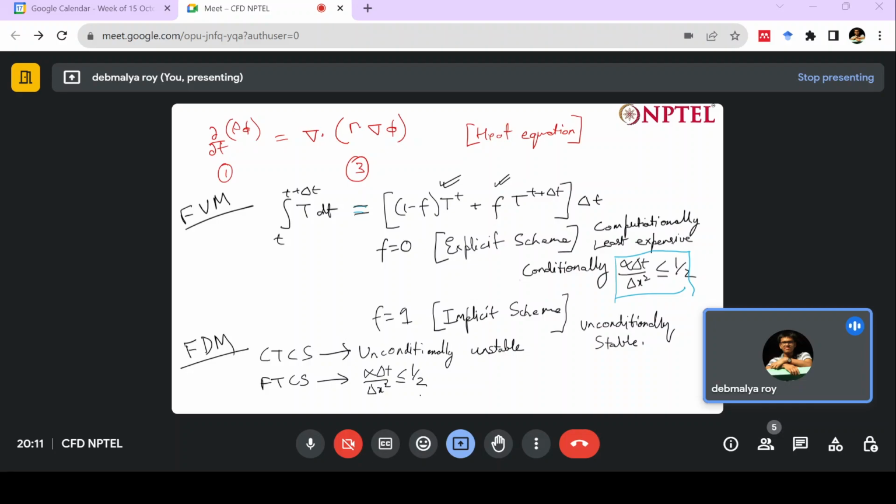This Fourier number is very important in these FTCS schemes and also the explicit scheme. From here you can have questions which will ask you to find out the required dimensions of the discretizations.